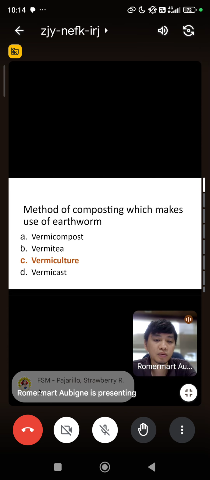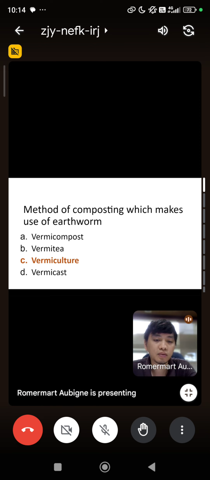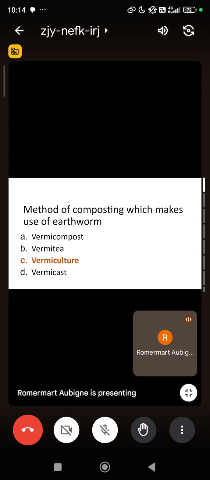Vermicompost is the end product of vermicomposting process which is produced by breakdown of organic matter through the digestive system of earthworms. Yung isa, yung vermicast. Vermicast naman po, ito yung excrement or casting produced by earthworm. Ito yung dumi.